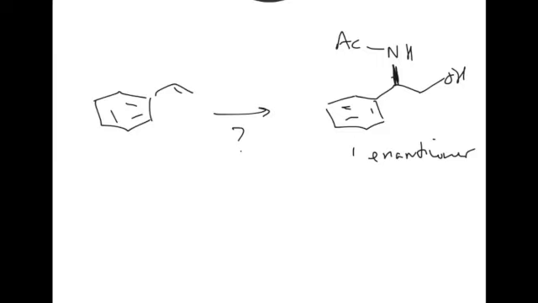You can make both the alcohol and the amine chiral, but I'm only making one chiral center here, so I'm only worrying about the amine. Yeah, a lot of Sharpless stuff. He was very good at this.